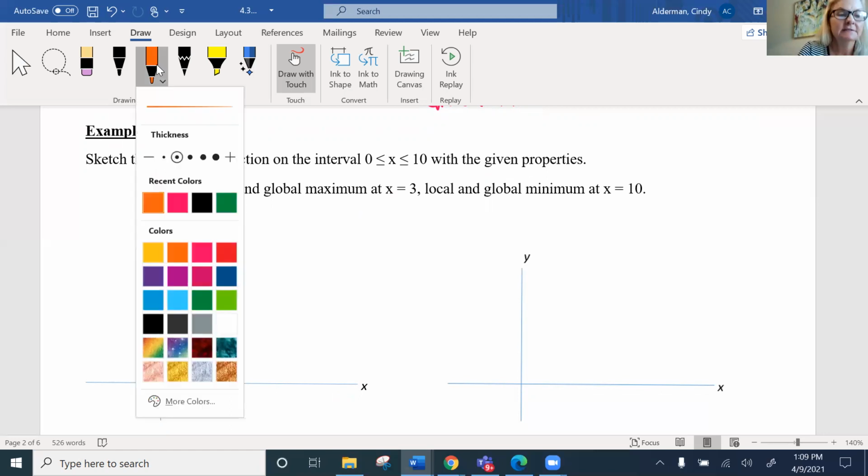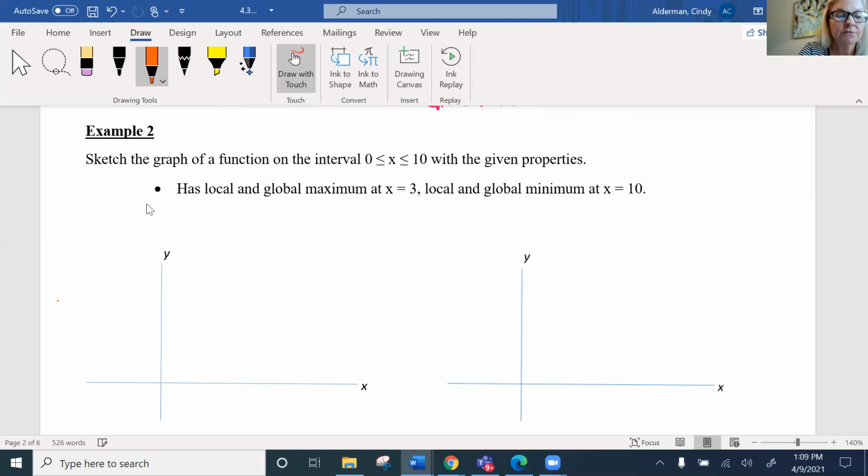All right, so let's start labeling that already. We've got 0. Let's say this is 10. That's our interval we're interested in. Next, it has a local and global max at x equal to 3. So let's see, if this is 5, this would be like 3 right here. So we want local and global max at 3. Let's put it up here.